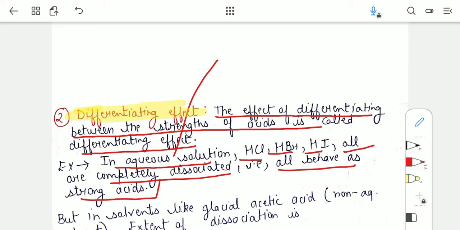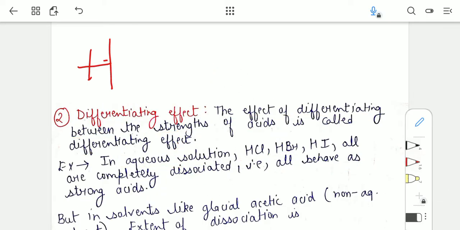When an acid dissociates completely, it means it is a strong acid, but if some part of it remains undissociated, it is not a strong acid. In aqueous solution HCl, HBr and HI all completely dissociate, therefore we say that all of them are strong acids.